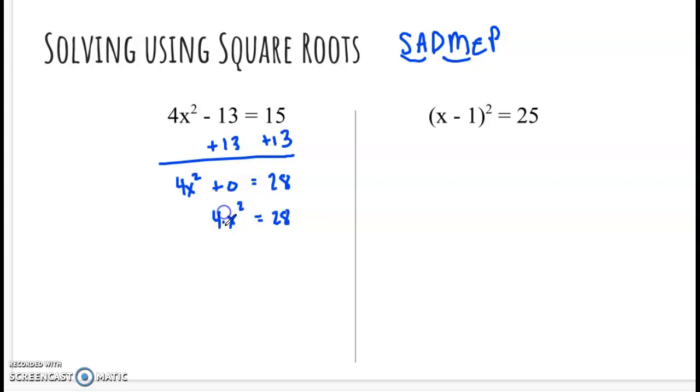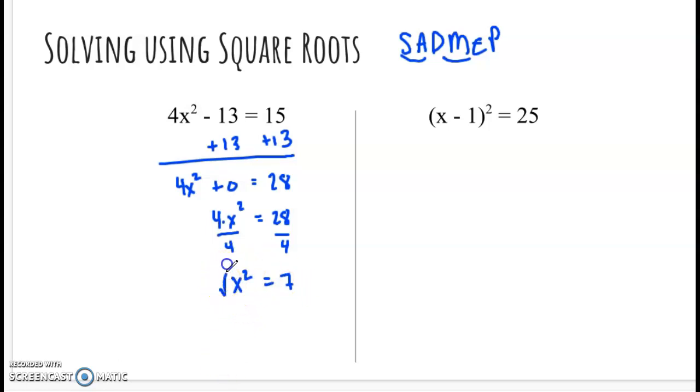I need to get rid of that multiplied term next. So the opposite of multiplying by 4 is dividing by 4. If I do it to one side of my equal sign, I have to do it to both to keep my equation balanced. 4 divided by 4 leaves me with 1x squared. And let's see here, 28 divided by 4, that leaves me with 7. I'm almost done. I have to think about all possible answers that can be plugged into x squared that will give me 7.